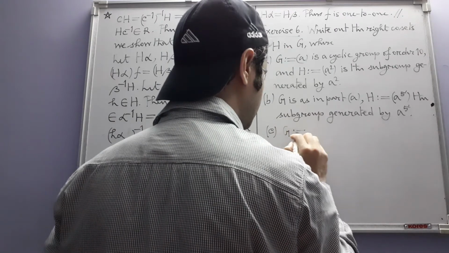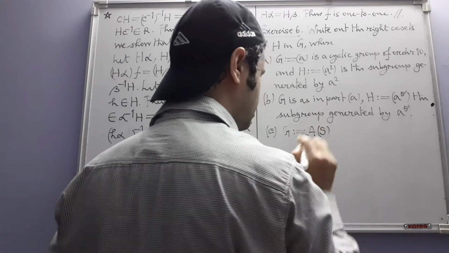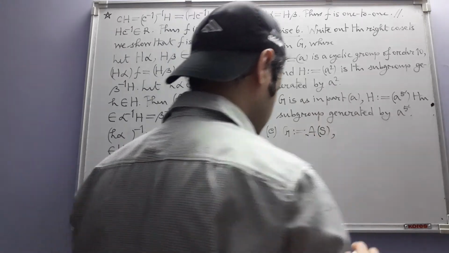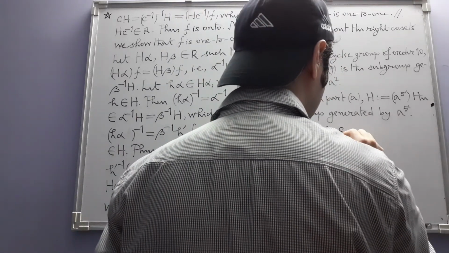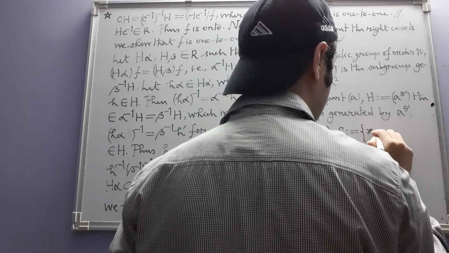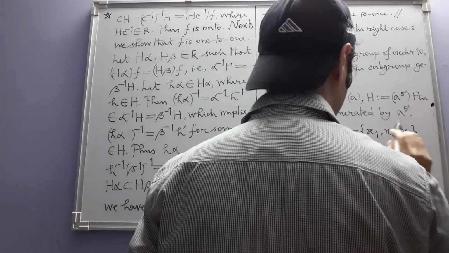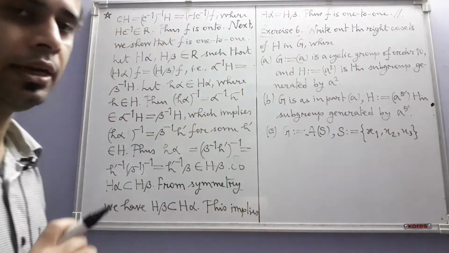In part C, G is the group of all bijections on the set S, where S is a set having 3 elements.